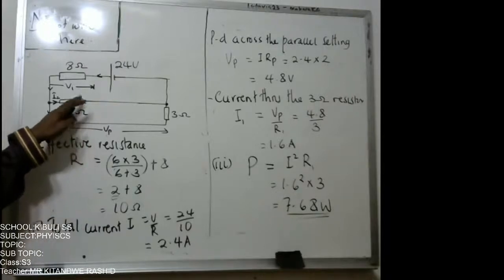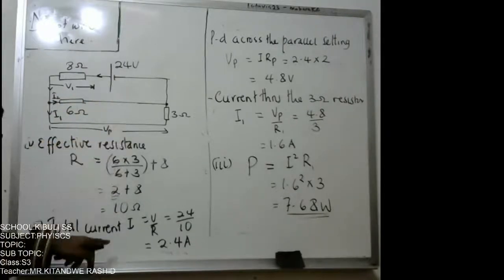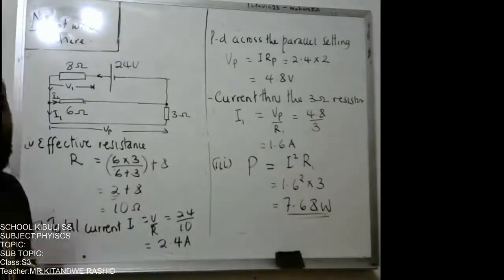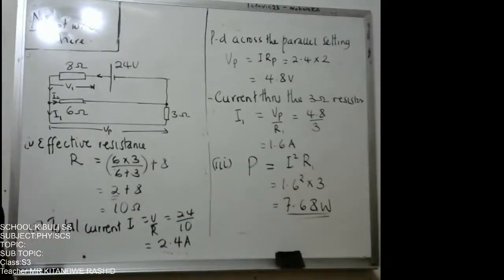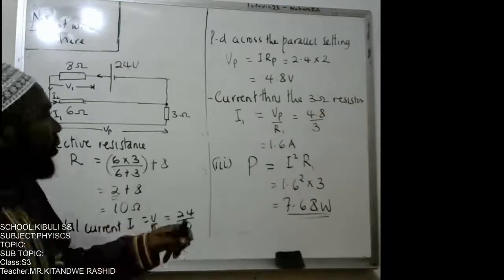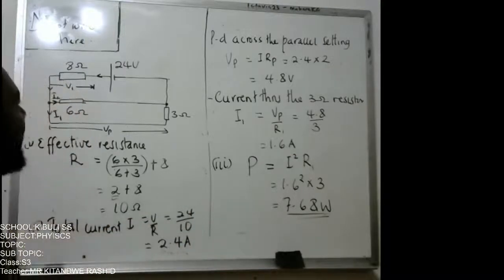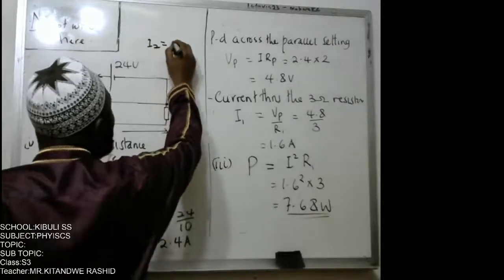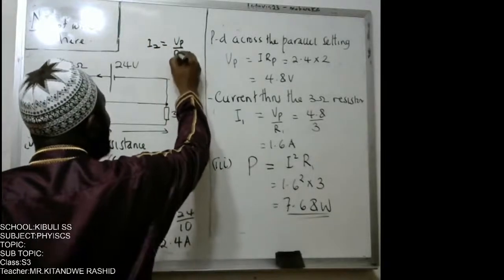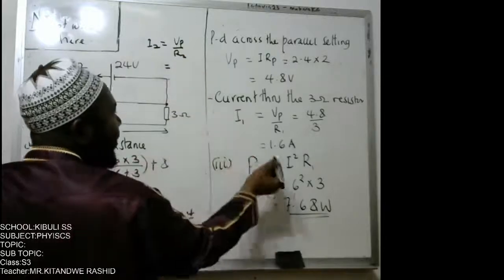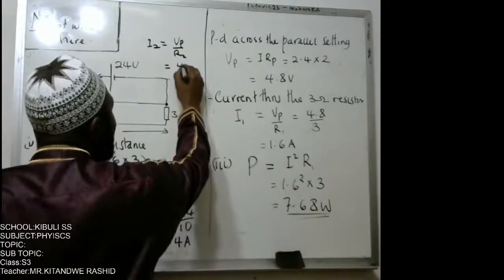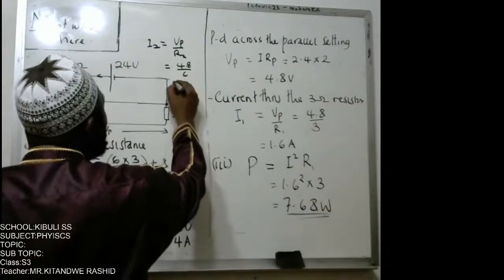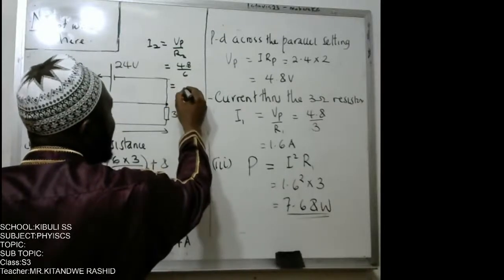We could get the total current, 2.4 minus 1.6. Or you could still say that I2 is equal to V parallel over R2. V parallel is 4.8 over 6, which gives 0.8.